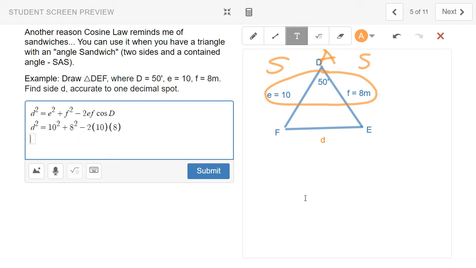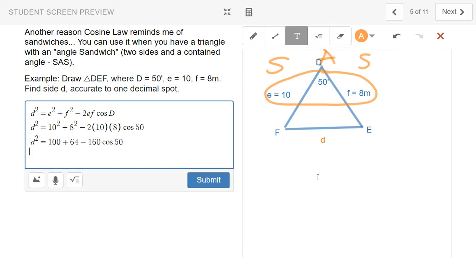Oops, I forgot to write down cosine 50. Let's continue to solve. D squared is equal to 100 plus 64 minus 160 cosine 50.